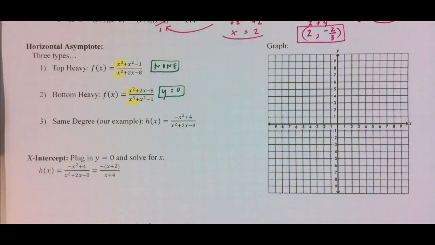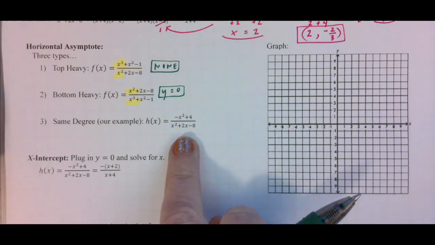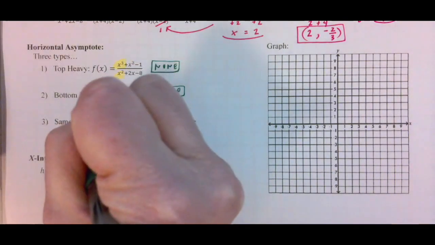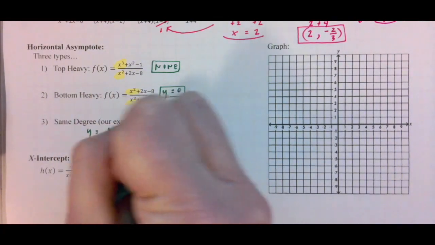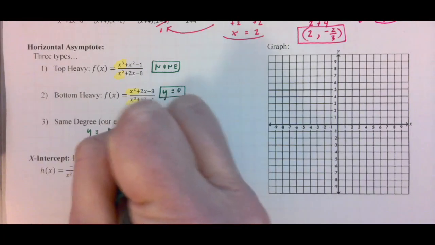Okay, when it's same degree, like our example, this is our example, we're looking at the leading coefficients. So it's always going to be y equals, then we divide those leading coefficients.